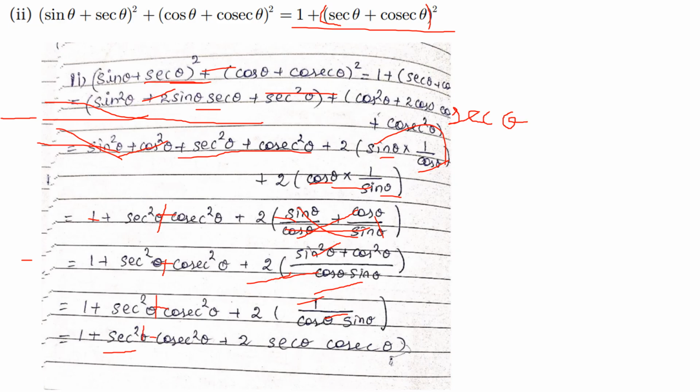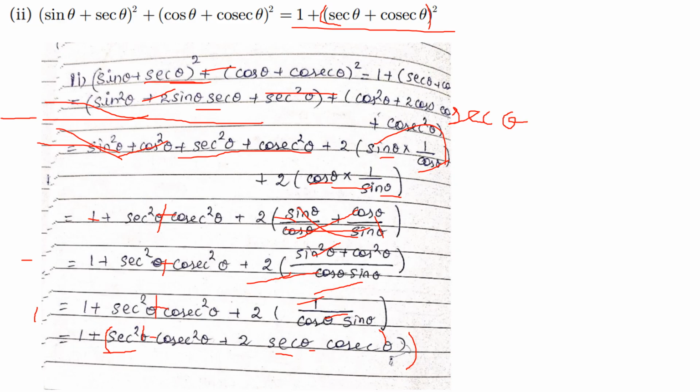That is, 1 by cos is what? Secant. 1 by sin is cosecant. So all you write as secant here. Next line: 1 plus bracket of secant squared theta plus cosecant squared theta plus 2 secant theta into cosecant theta. That is what? A plus b whole squared only.